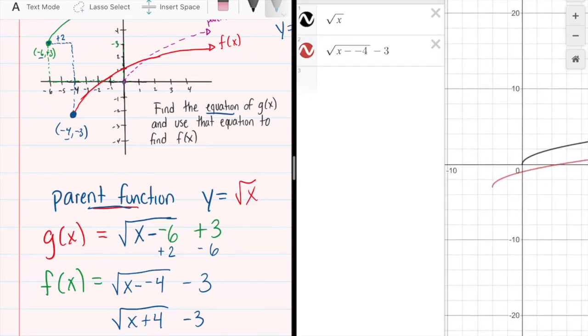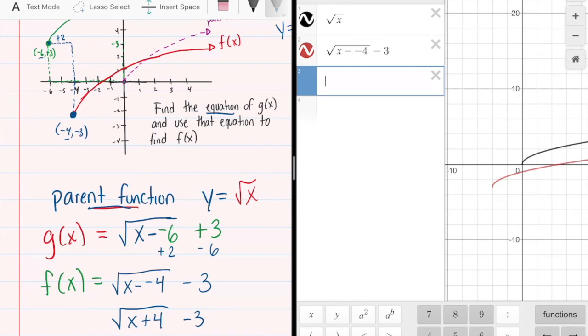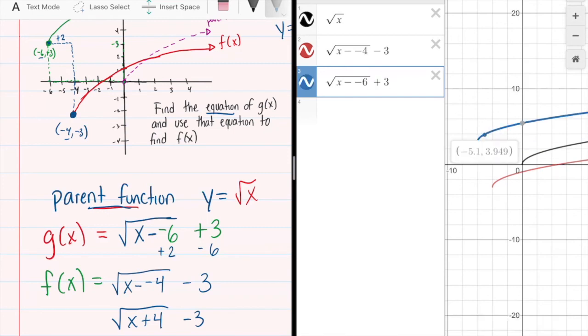Isn't that the f of x, the red one? Aren't we at -4, -3? You betcha. And if we write the other one, the square root of x minus negative 6, take it out of the square root, plus 3. Isn't that our other point at negative 6 and 3?